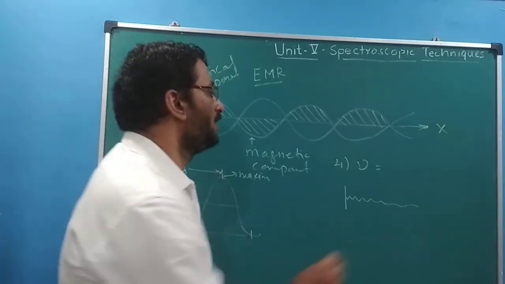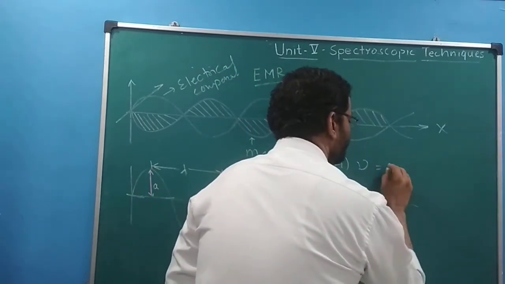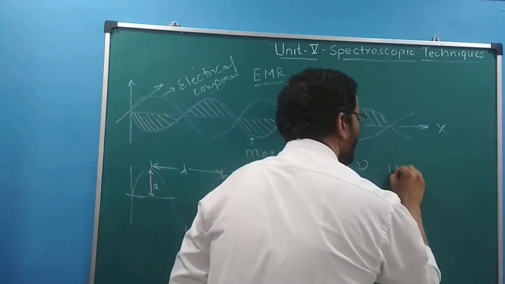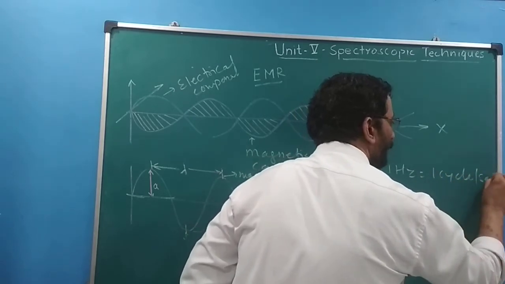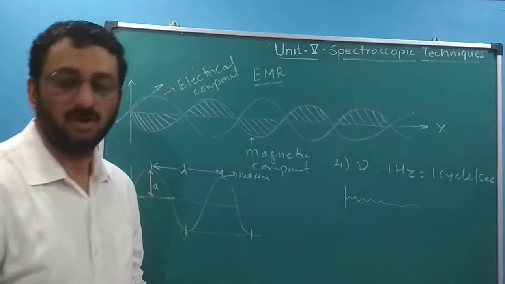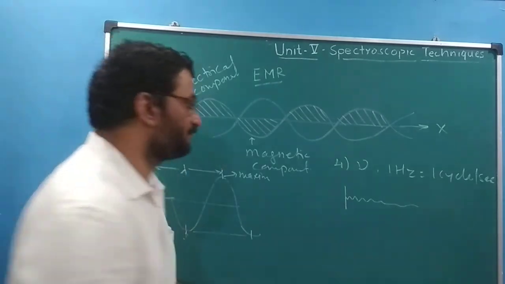Okay, nu, that is expressed in hertz. 1 hertz is equal to 1 cycle per second. That is called frequency of radiation, isn't it?